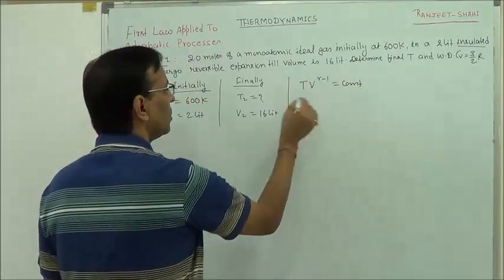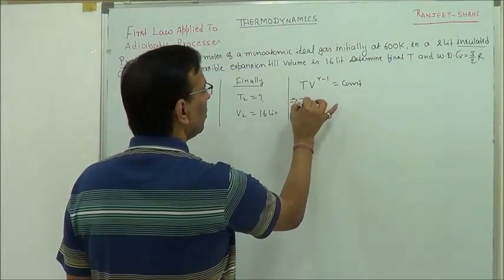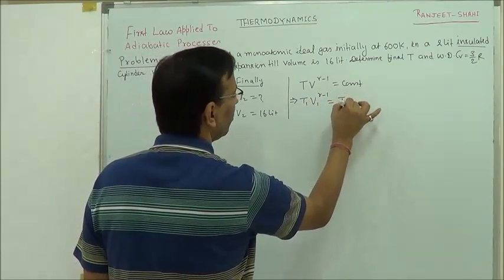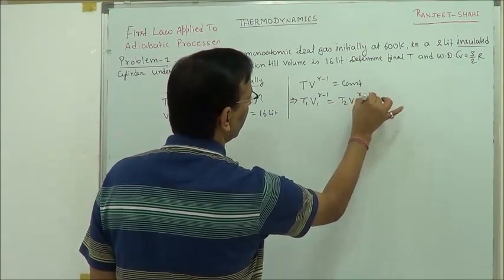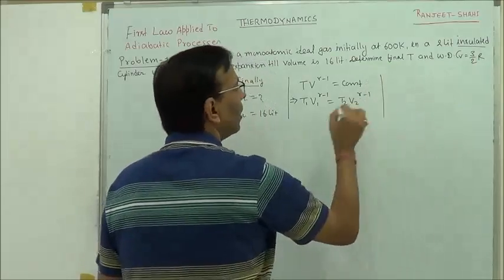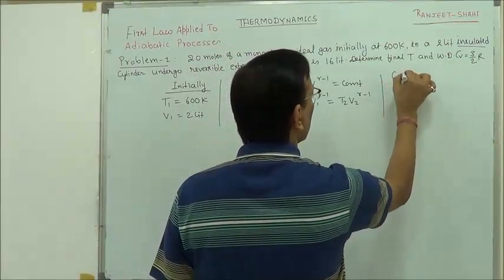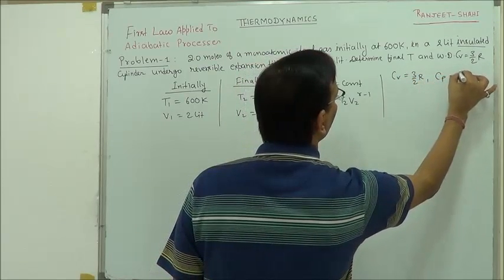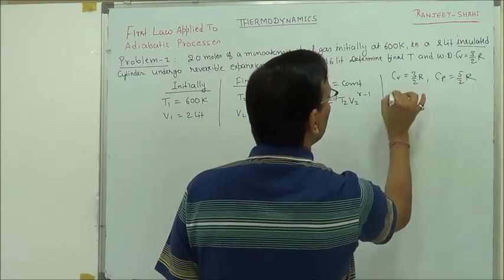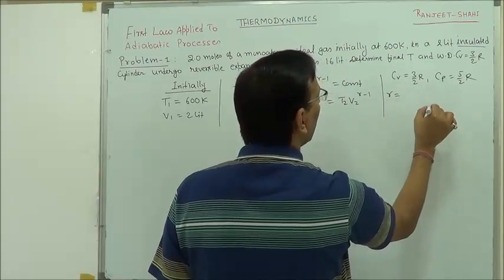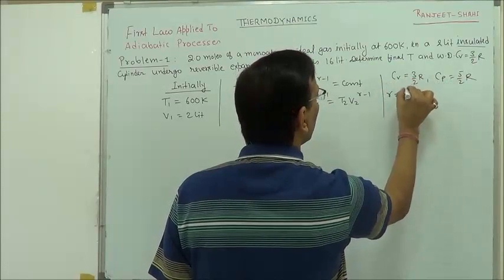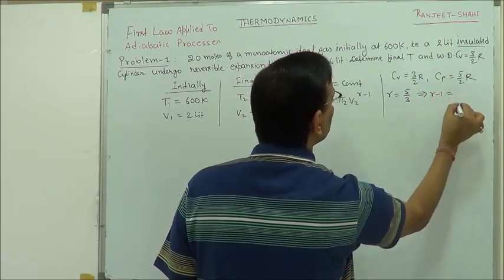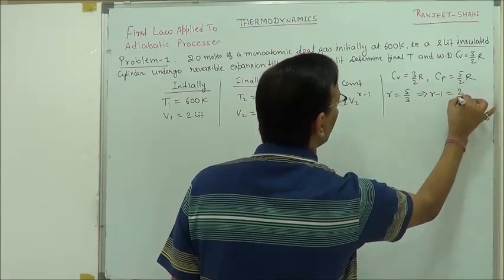So T1 V1^(gamma-1) will be T2 V2^(gamma-1). Cv is given 3/2 R, so Cp is 5/2 R, and therefore gamma is Cp by Cv, 5 by 3, so gamma minus 1 is 2 by 3.